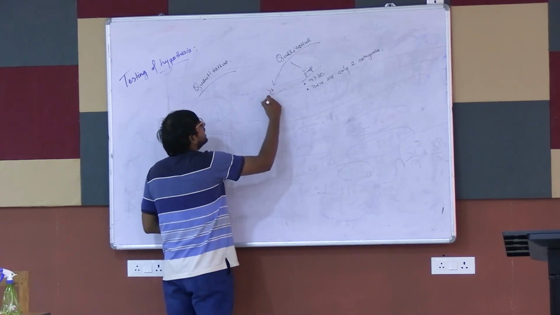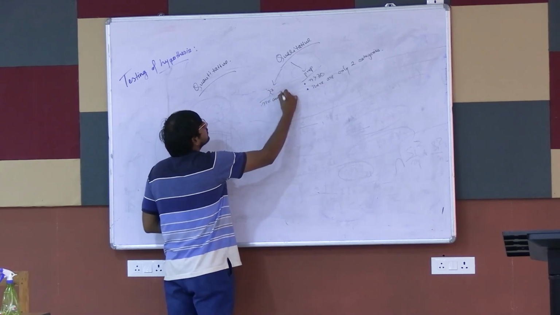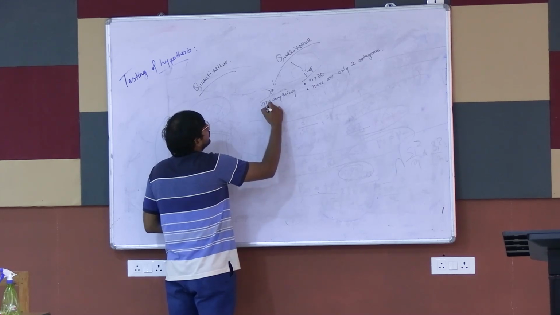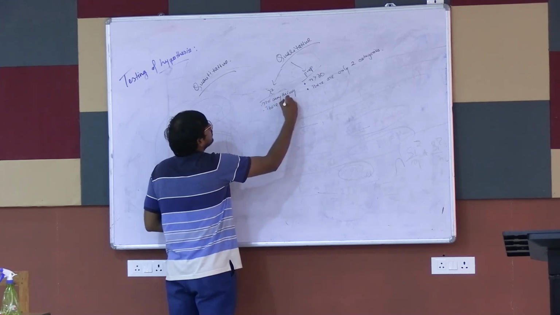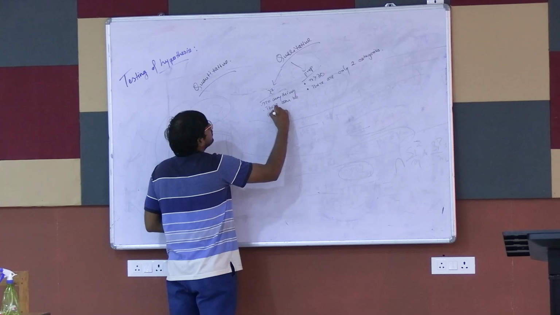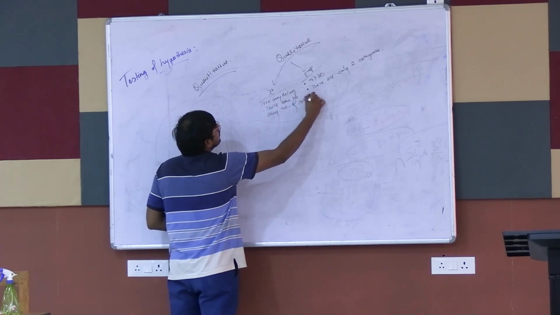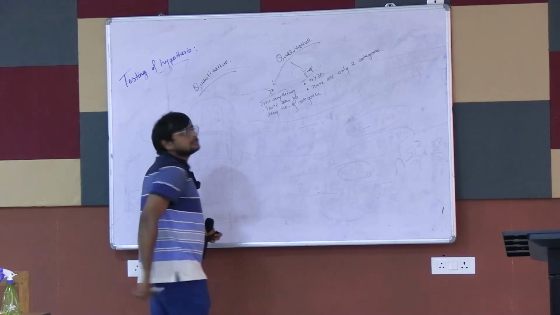For chi-square we can take n equal to anything, and there can be any number of categories. Understood?